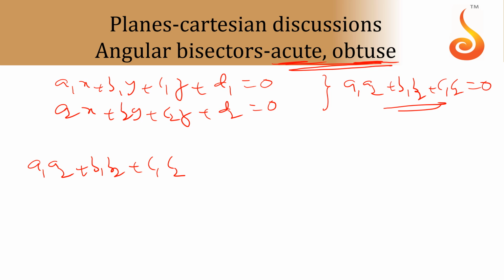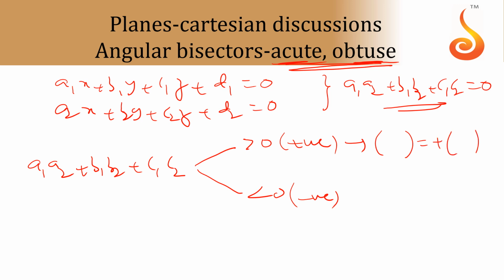Otherwise it will be either positive or negative. If it is positive, the plus sign gives you the obtuse angular bisector. If it is negative, the minus sign gives you the obtuse angular bisector. Just remember obtuse, and then acute you can develop.